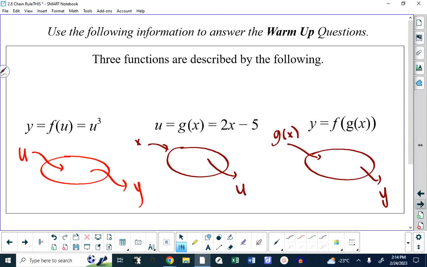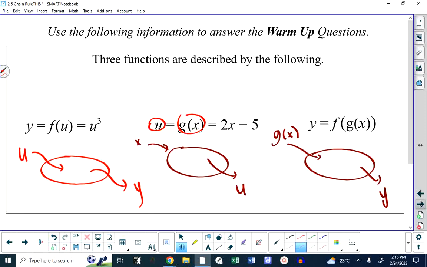Because u and g of x are the same. U equals g of x. So whether I talk about what I wrote in red on the left, which is saying u goes in and y comes out, or I talk about what's written on the very right by saying g of x goes in and y comes out, it's the same thing.